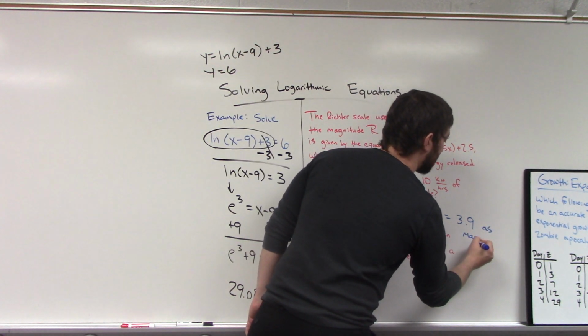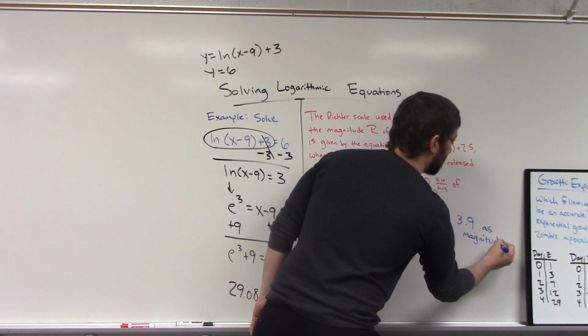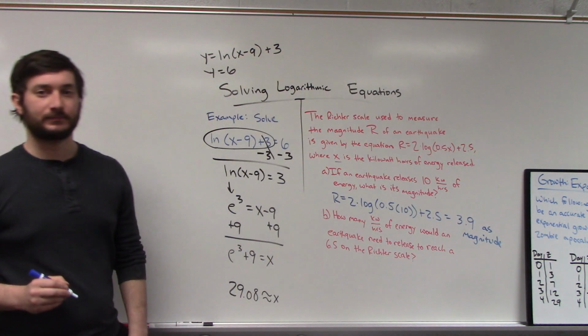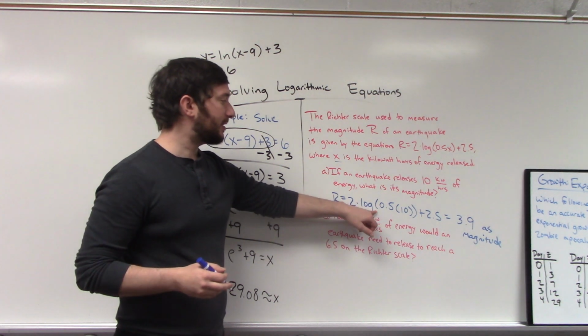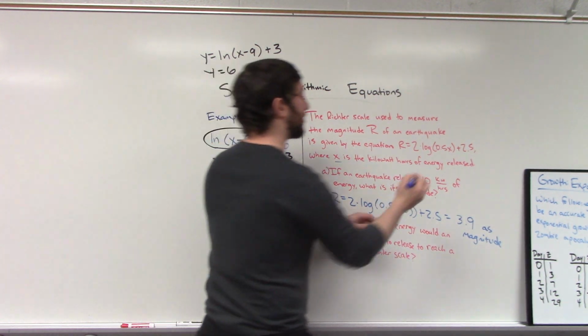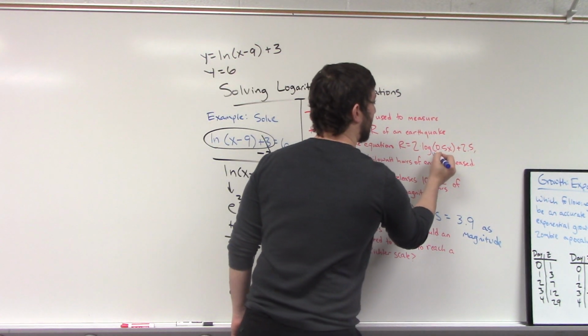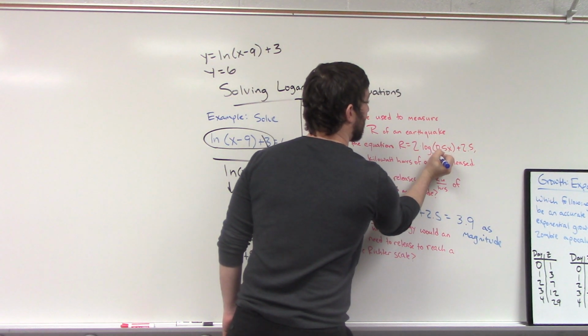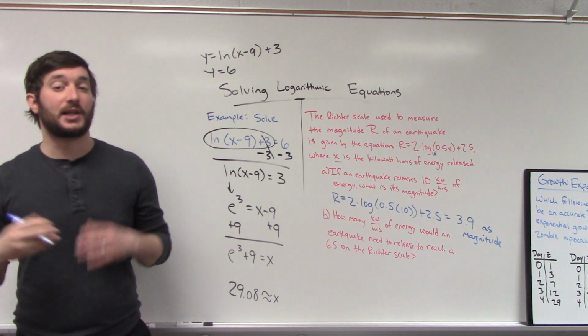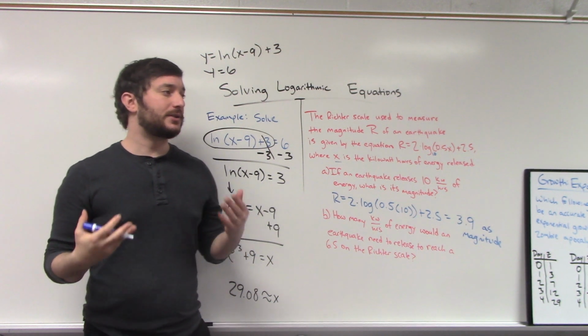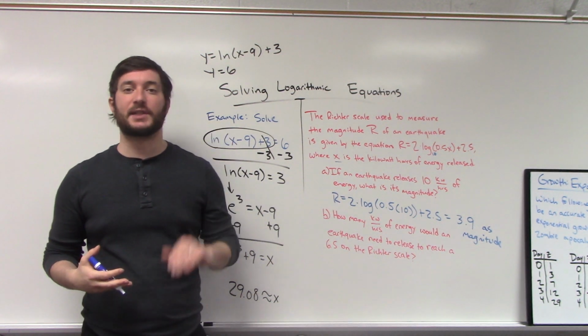What I was mentioning was we don't have to use the change of base formula in this problem because the base is actually an invisible 10. We mentioned in a previous video that if you have a specific base, something other than 10, then to calculate that, you need to use the change of base formula.